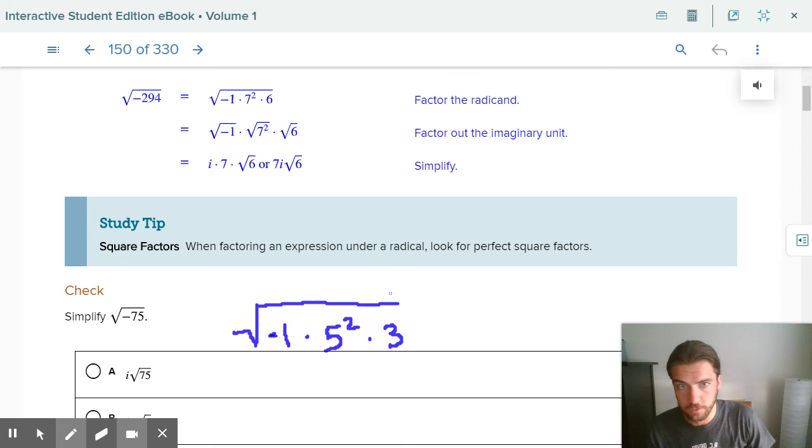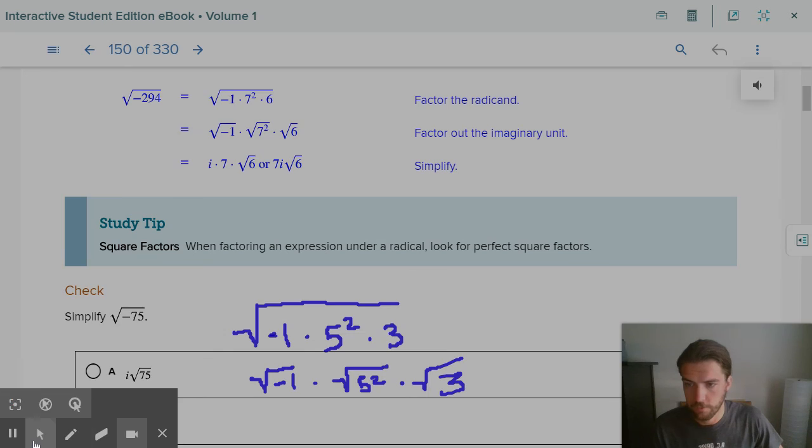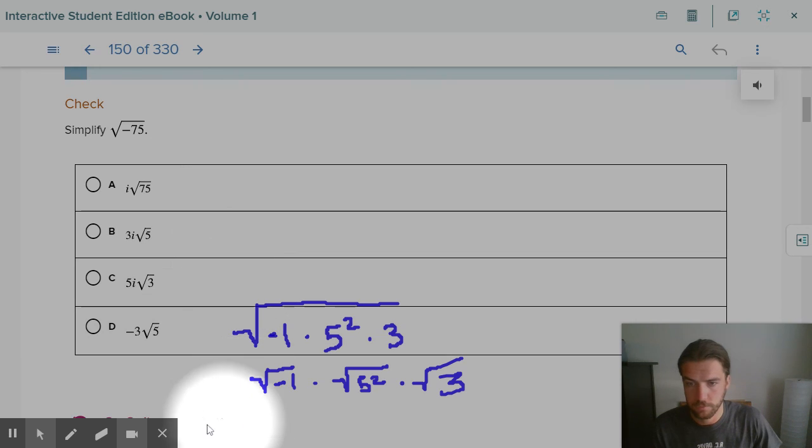We are then going to factor out the imaginary unit. We're going to break apart our radical into those separate ones. And upon doing that, we can now simplify to get our final answer.